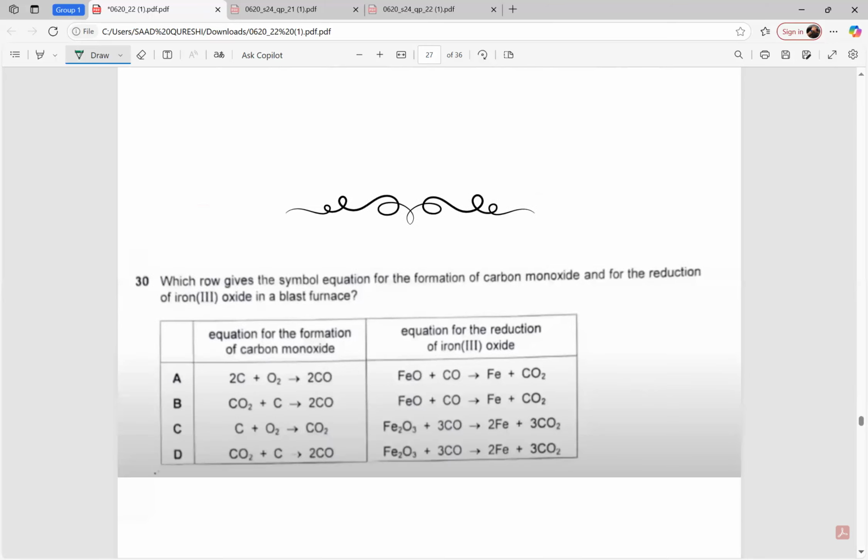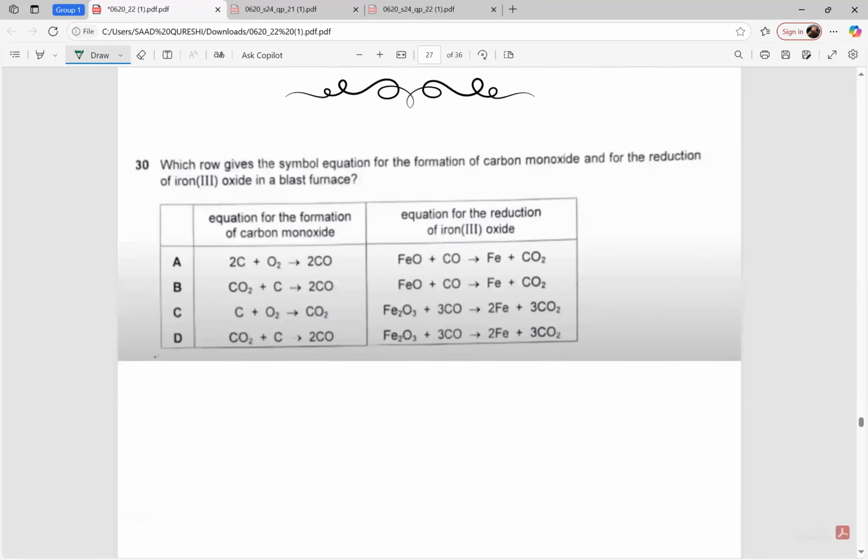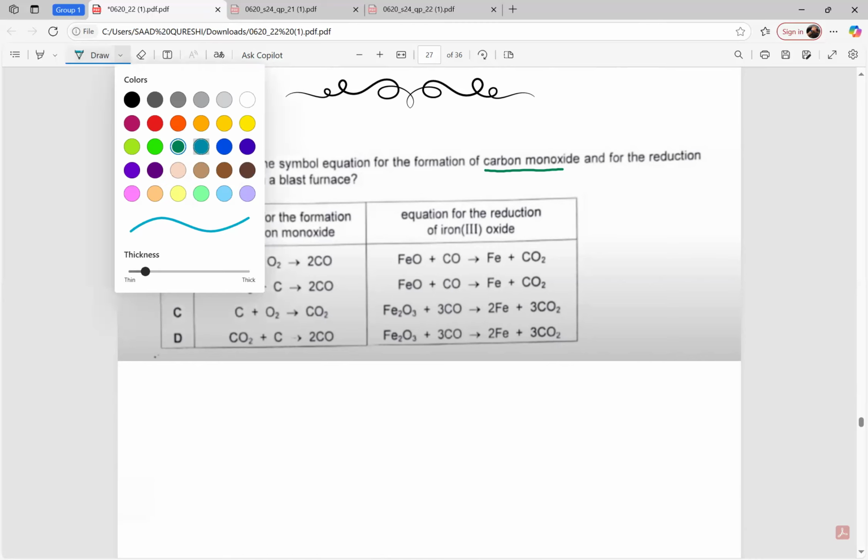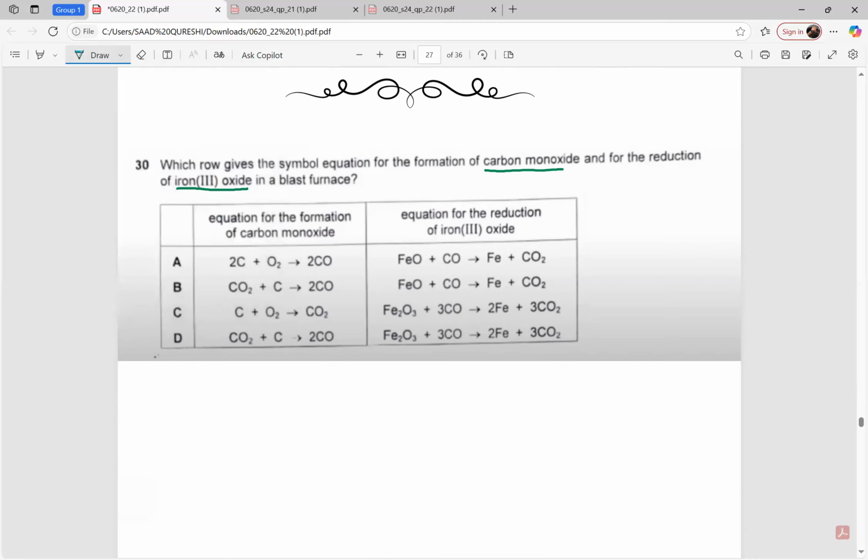Which row gives the symbol equation for the formation of carbon monoxide and the reduction of iron oxide in the blast furnace? In the blast furnace, carbon monoxide is formed from carbon dioxide. First, we have carbon reacting with oxygen to form carbon dioxide. Then this carbon dioxide gets reduced by carbon to form carbon monoxide.